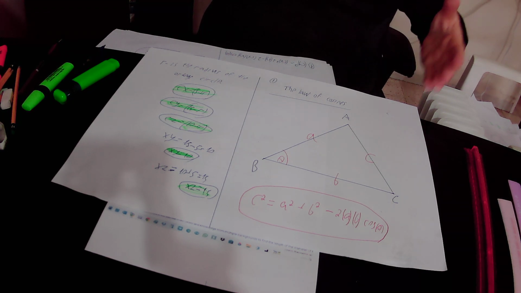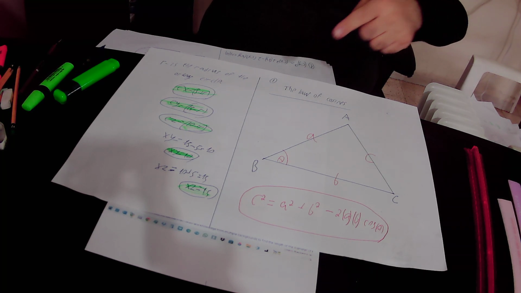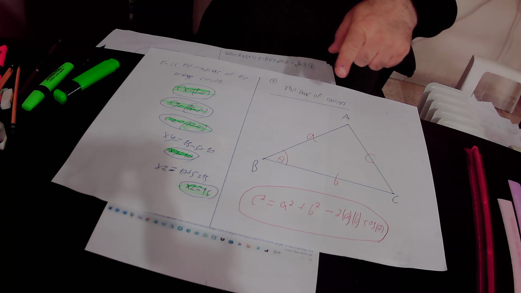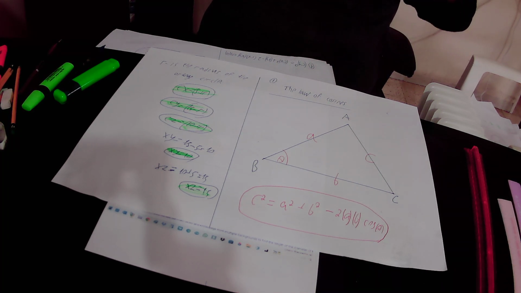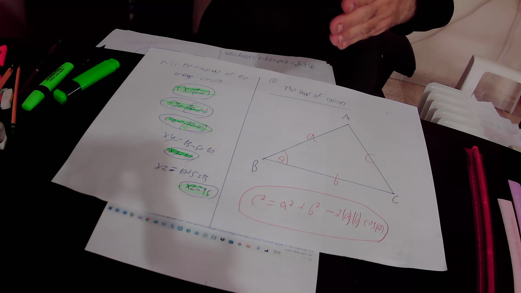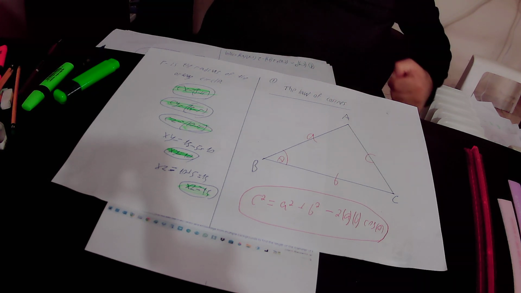So, in conclusion, the Pythagoras theorem is a special case of the law of cosines when theta equals to 90 degrees. And then we will have a right triangle, and we will get the Pythagoras theorem that c squared equals to a squared plus b squared.